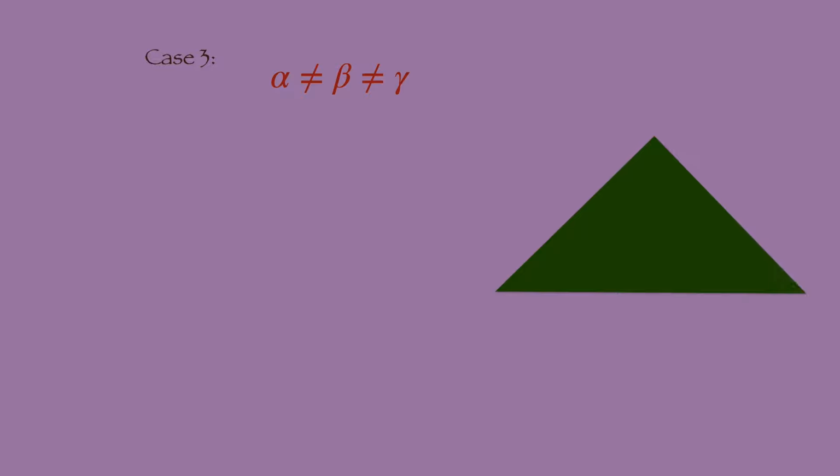Let's have a look at the third possibility, where alpha is not equal to beta nor gamma. Let's have a triangle ABC that contains the angles alpha, beta and gamma. Here the side opposite to angle alpha is BC, the side opposite to beta is AC and the side opposite to gamma is AB.